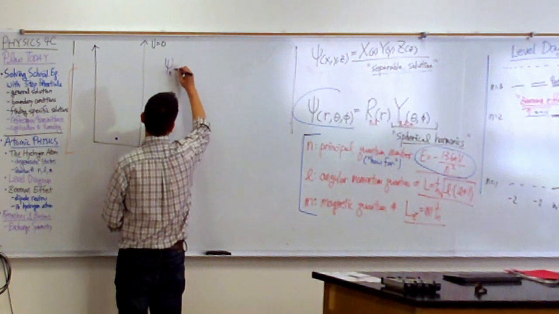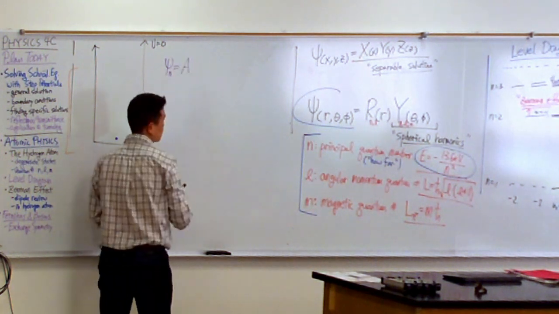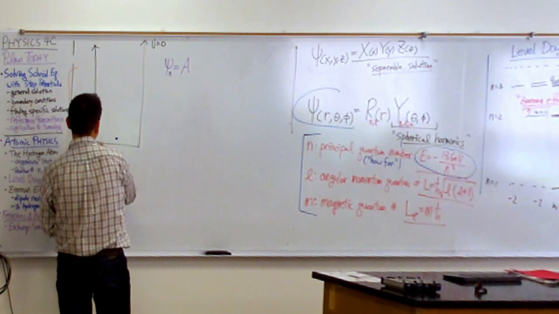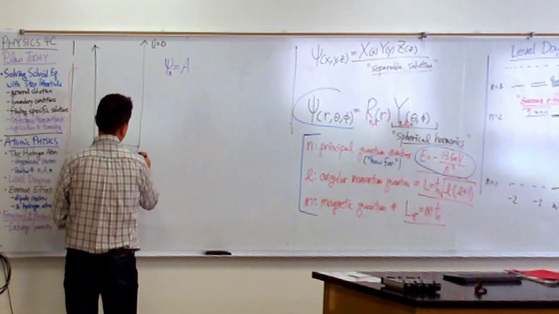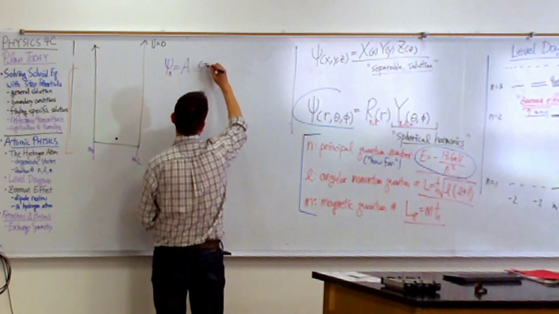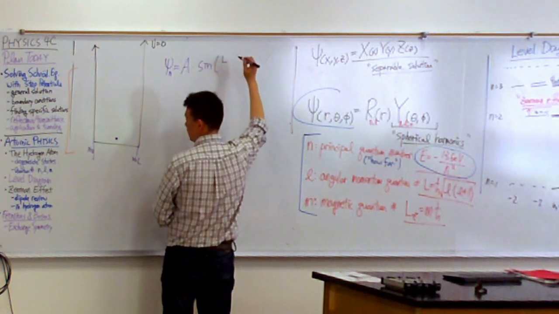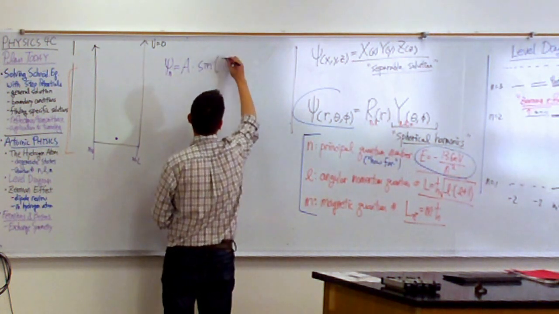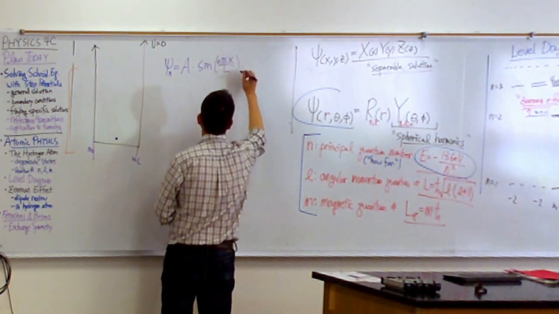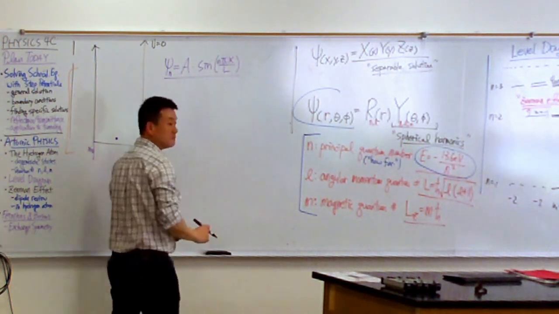Psi n is equal to some normalization constant times, so let me define my coordinate axis, x equals 0 here, x equals L here. That's just A times the sine of n pi x over L, right? Remember that? Yes?